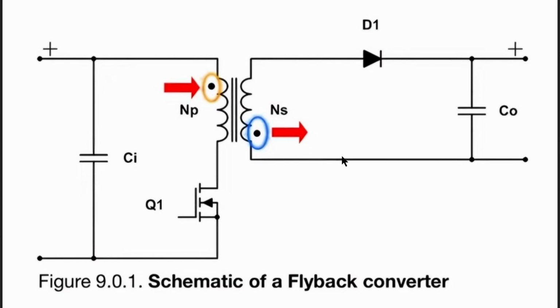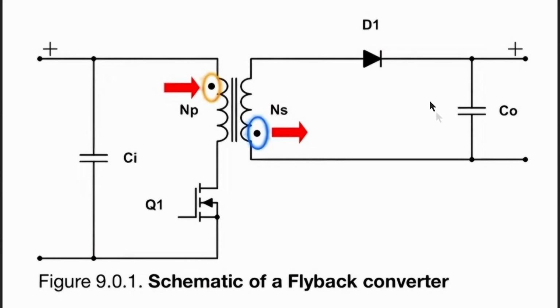That is a well-known function of these transformers. And you can see we have the north end here and the north end here, current in, current out. But you see this diode up here.